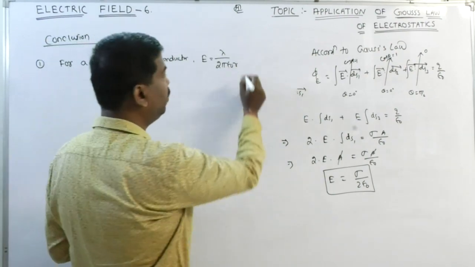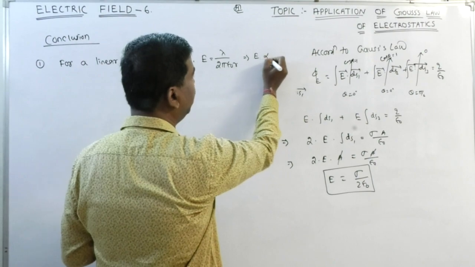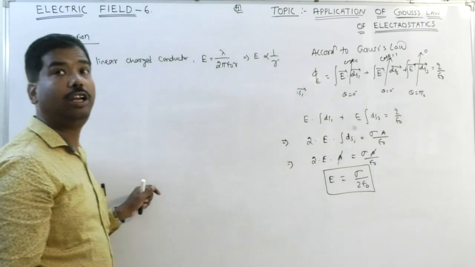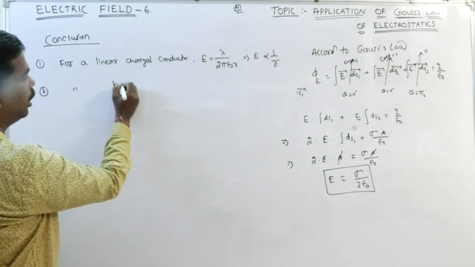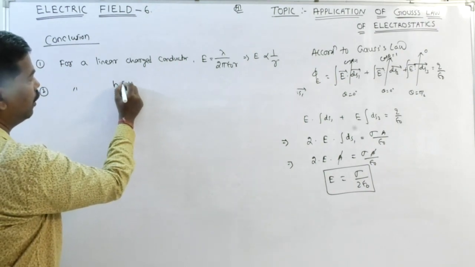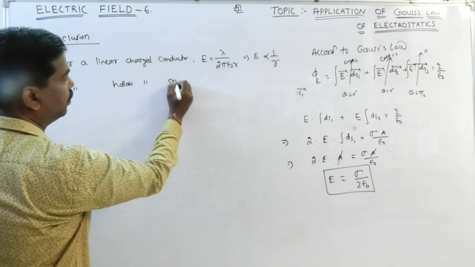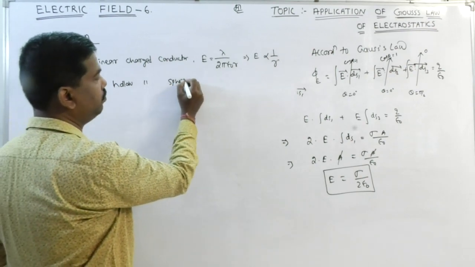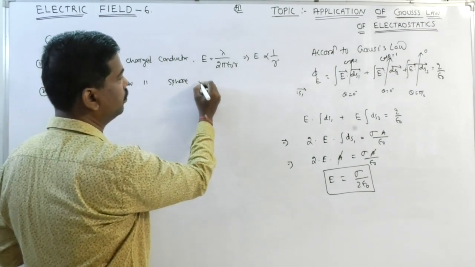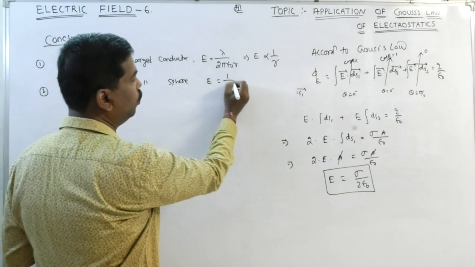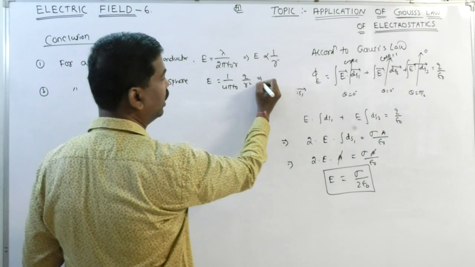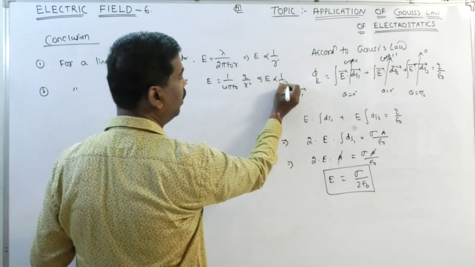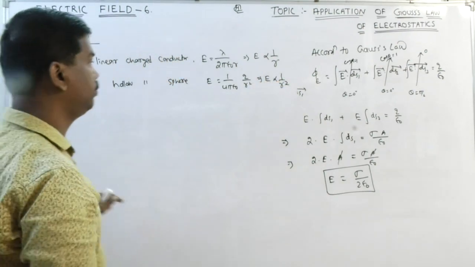Clear? It means E is proportional to 1 by r. Clear? For a hollow charged sphere, E is equal to 1 by 4 pi epsilon 0 q by r square, which implies E is proportional to 1 by r square.